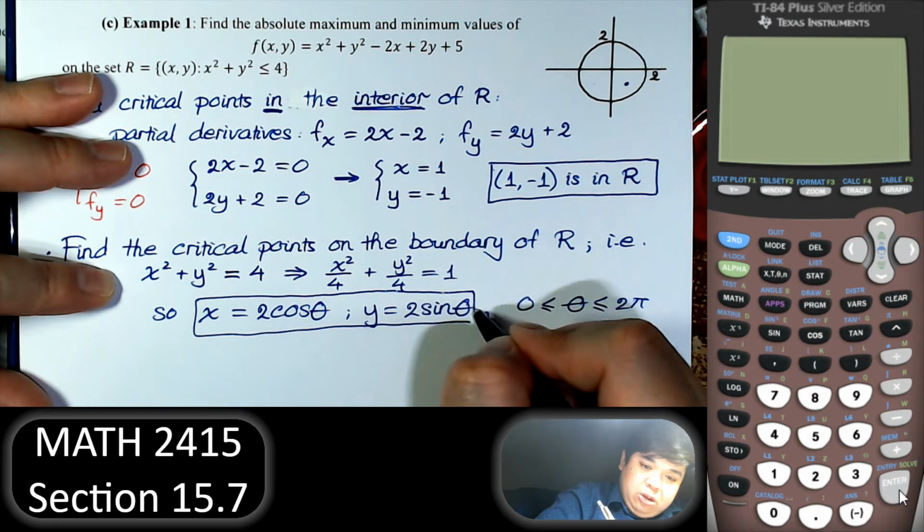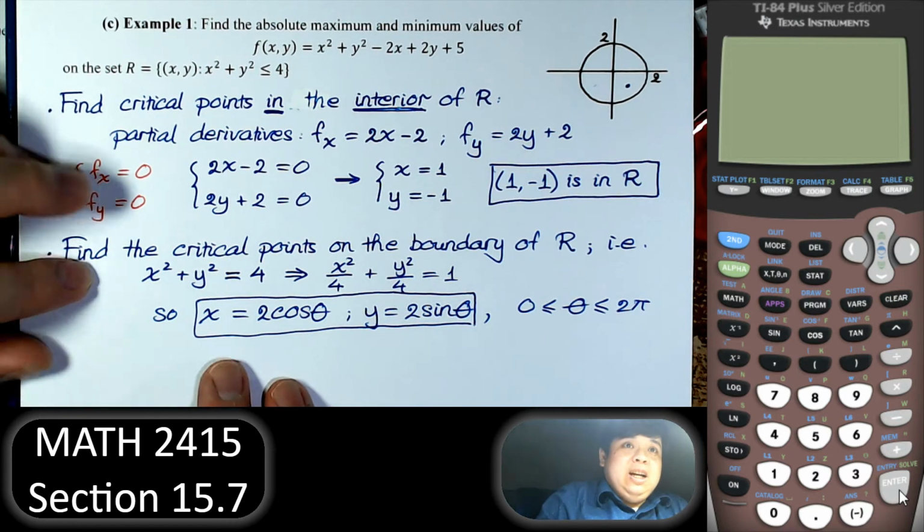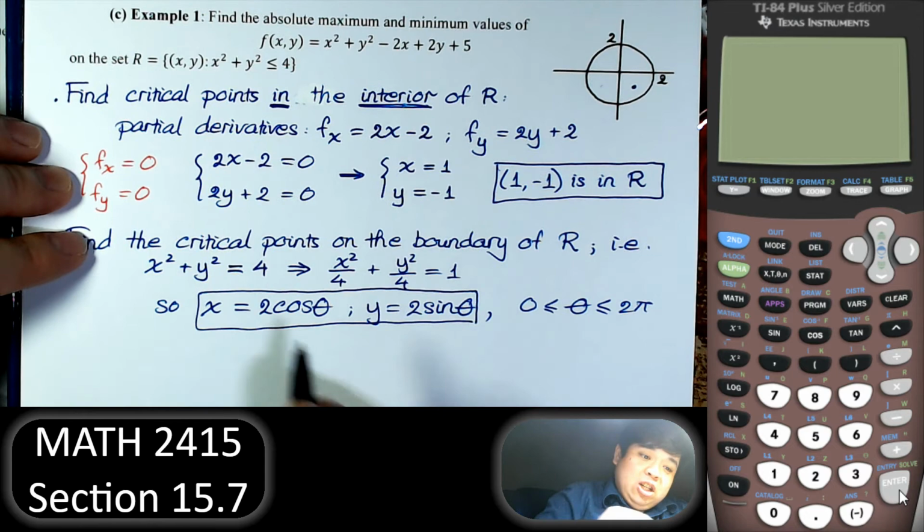So what is the big deal here? If we have x and y, two variables, now we only write that in terms of one variable. Now substitute it back into the function.